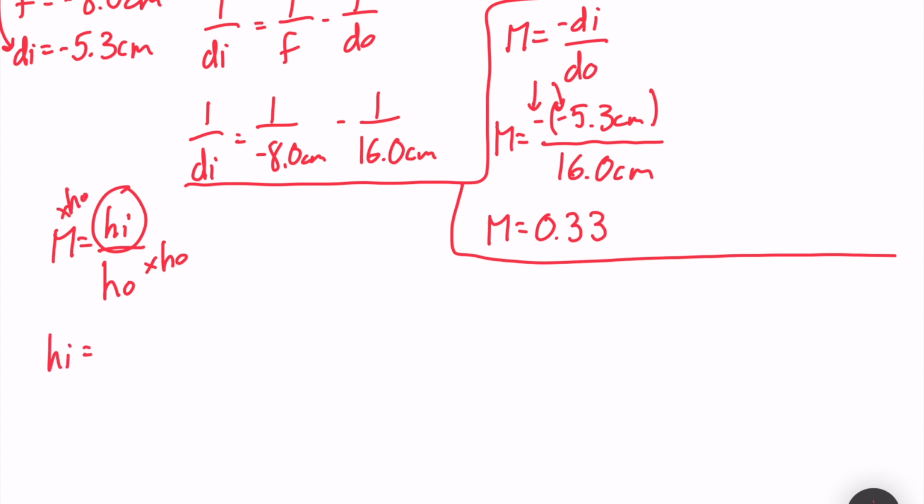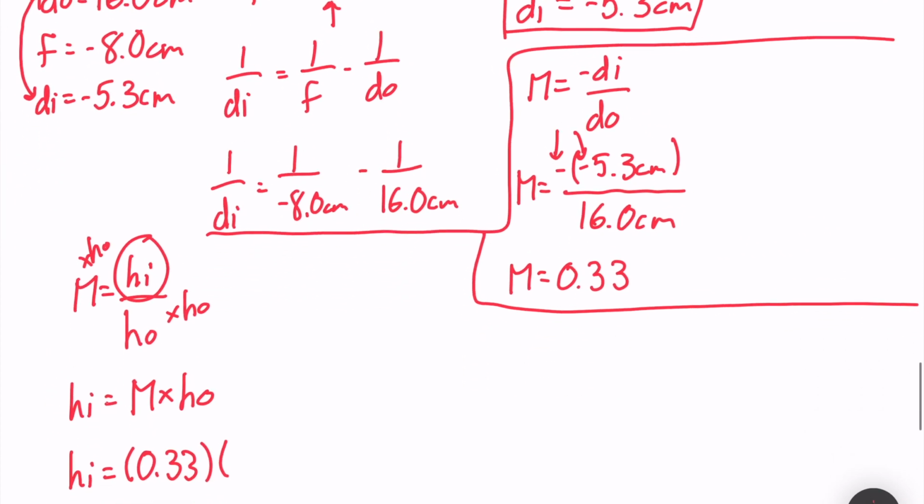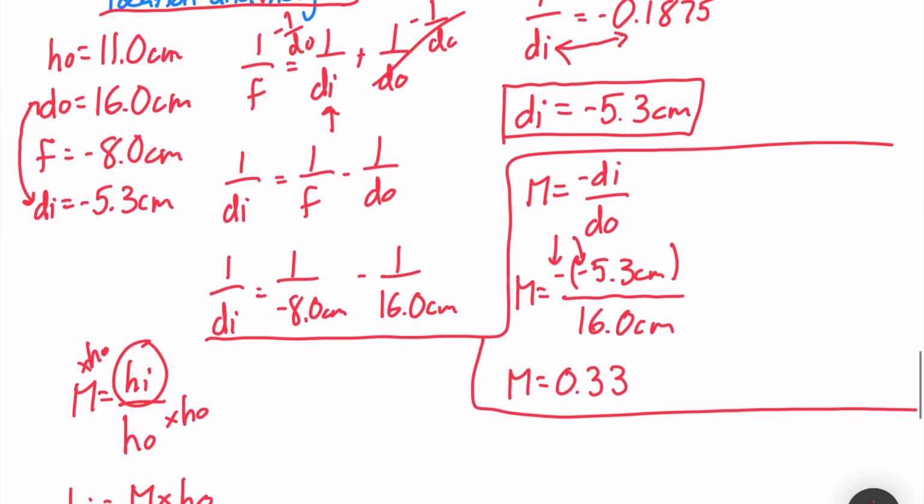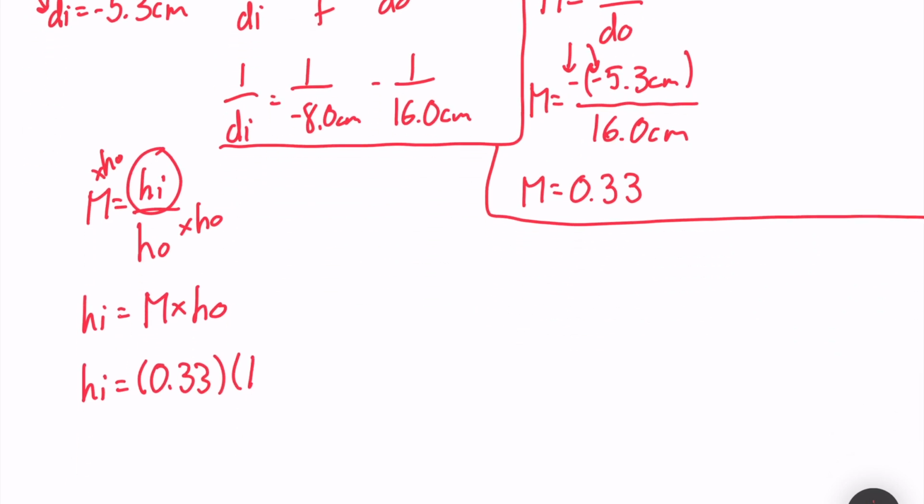And just like last question, our manipulated formula will be hi equals magnification multiplied by ho, and we can just fill in those values now. So our m from last question, we have 0.33, and that's multiplied by our ho, which was given to us in the question, which is, I'll just underline it right here, 11.0 centimeters.